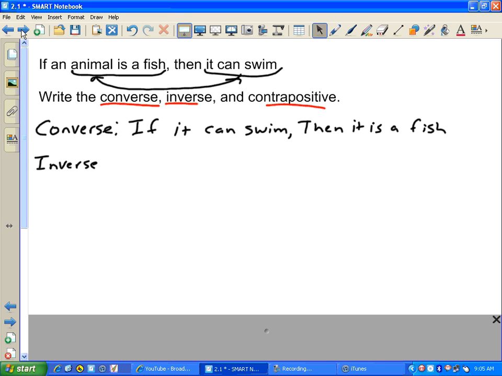My inverse, I'm going to put the word not in there. Most of the time it's just that simple. You put the word not in there.